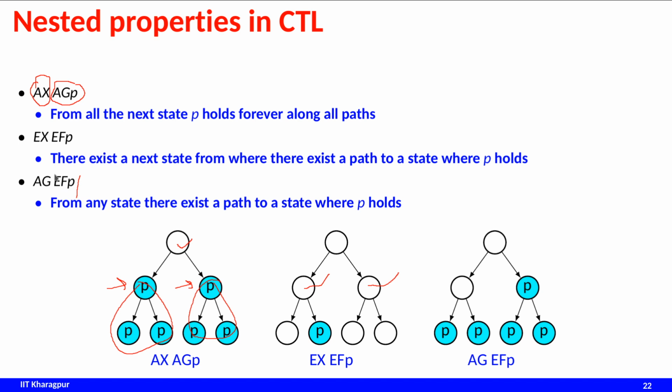Along all paths, globally, EFP should be true, and EFP is true if along the path P is true in some state. If you look at this one, if P is true, and if you take any other path, P is true and EFP is also true. So along all paths I can say AG EFP is true.